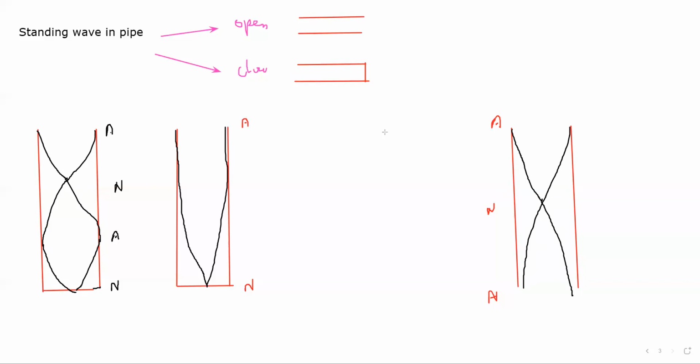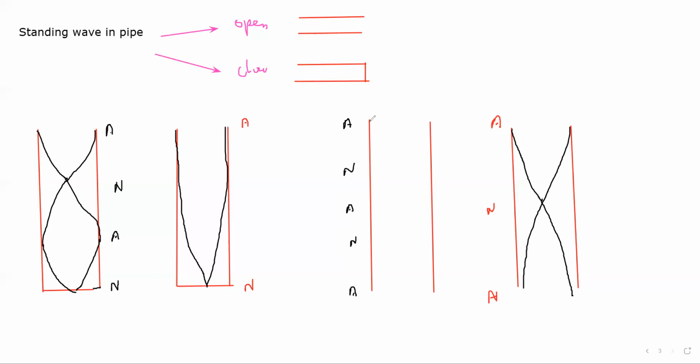If you have an open pipe, meaning the pipe which is open from both ends, always at the open end you will have antinode. In between them maybe you have node, then antinode, and then node again.